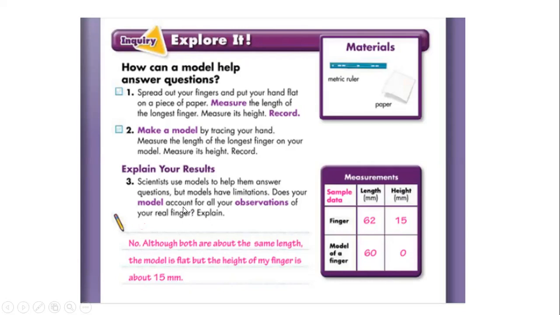Now, does your model account for all your observations of your real finger? No. Although both are about the same length, the model is flat, but the height of my finger is about 15 millimeters.